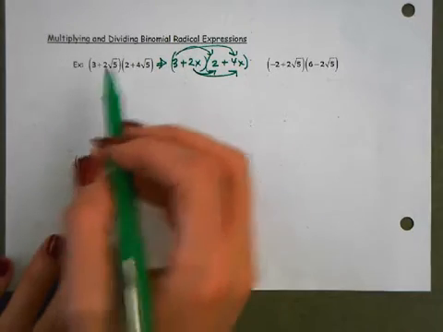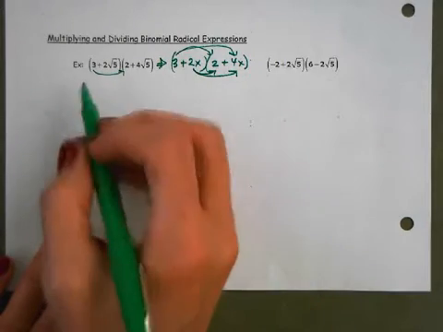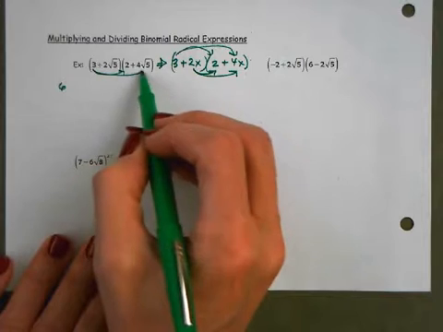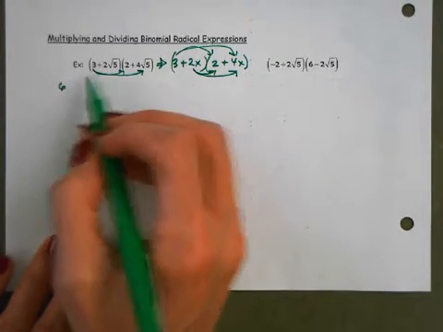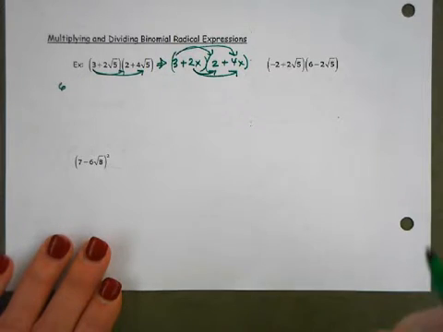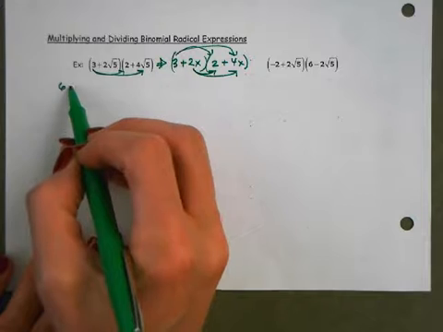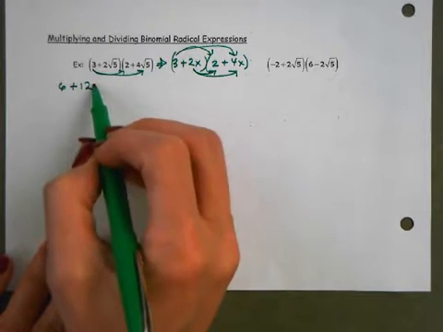So let's start with the 3 and multiply the 2. So what's 3 times 2? 6. Alright? We'll do 3 times 4 square roots of 5. I would deal with this just like I would with any multiplication. I'm going to take the coefficients and multiply them. So what do I get there? I get 12, and then I just have a square root of 5.